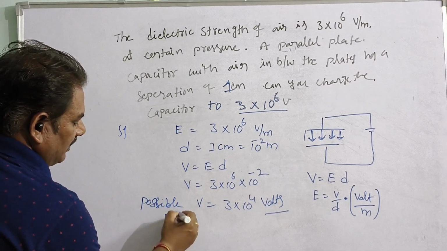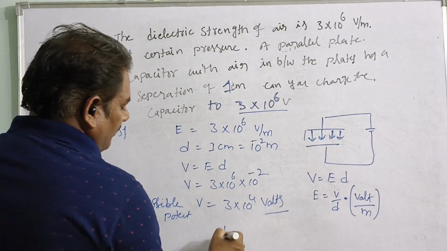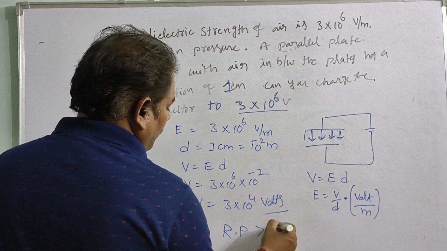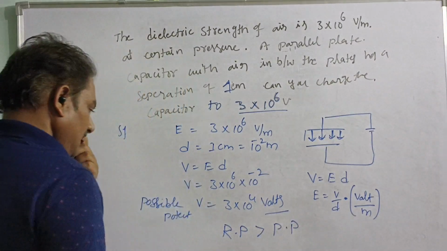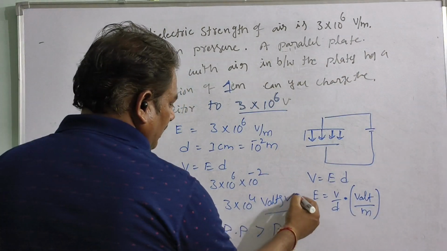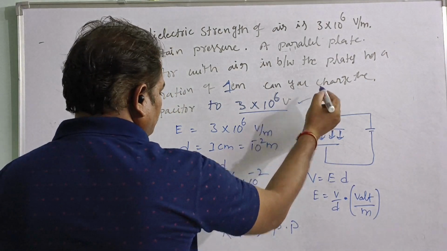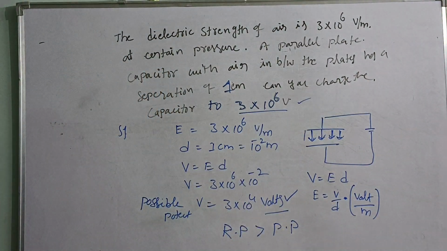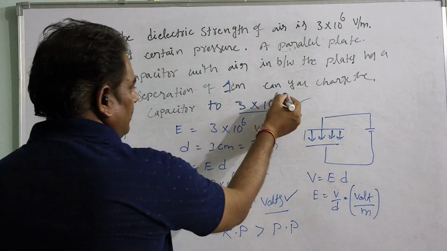Possible potential. So required potential is greater than possible potential. The possible potential is 3 into 10 power 4, and the required potential is 3 into 10 power 6 volt. So it is not possible to charge the capacitor to a potential of 3 into 10 power 6.